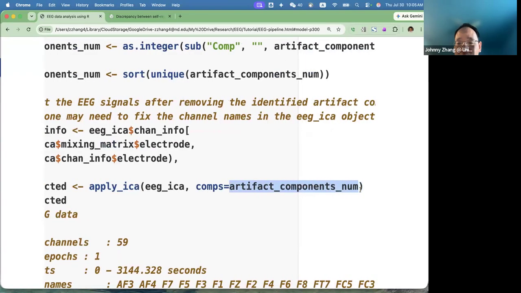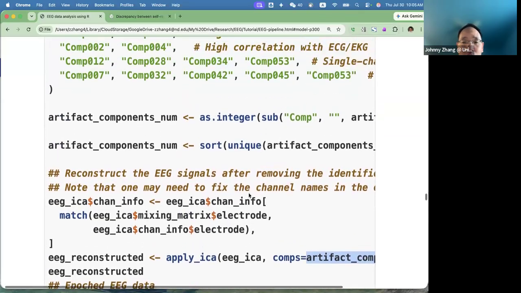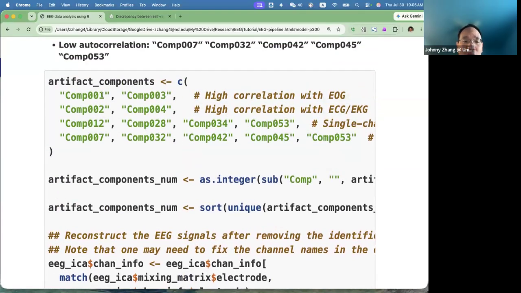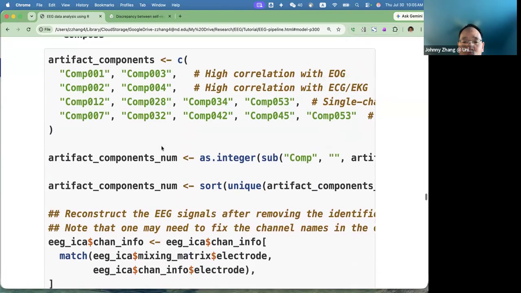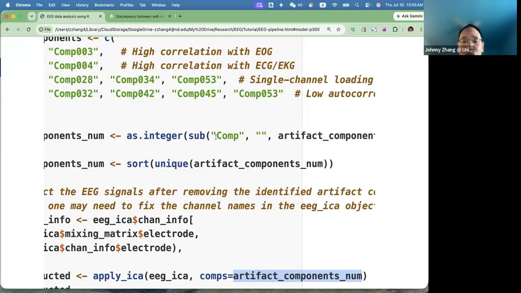Those are the list of the components I want to remove. You can do this by hand, just take out 1, 2, 3, 4, 12, 28. I basically delete those letters, and then change that into values.